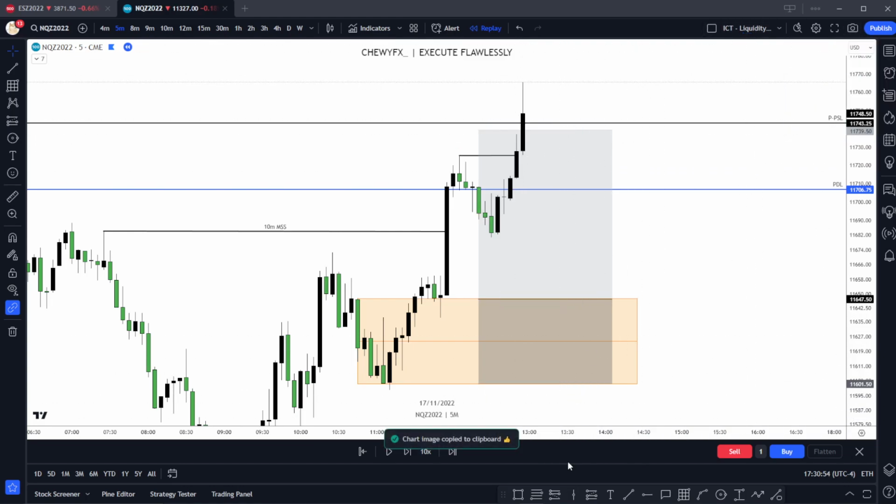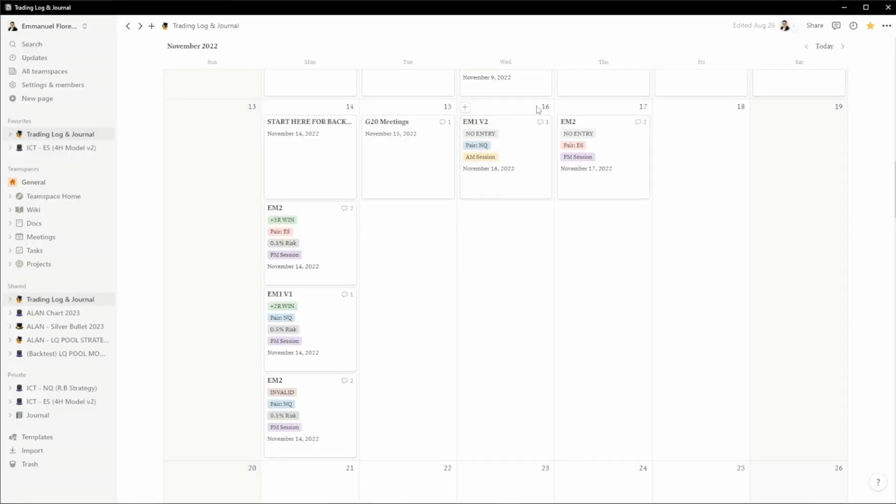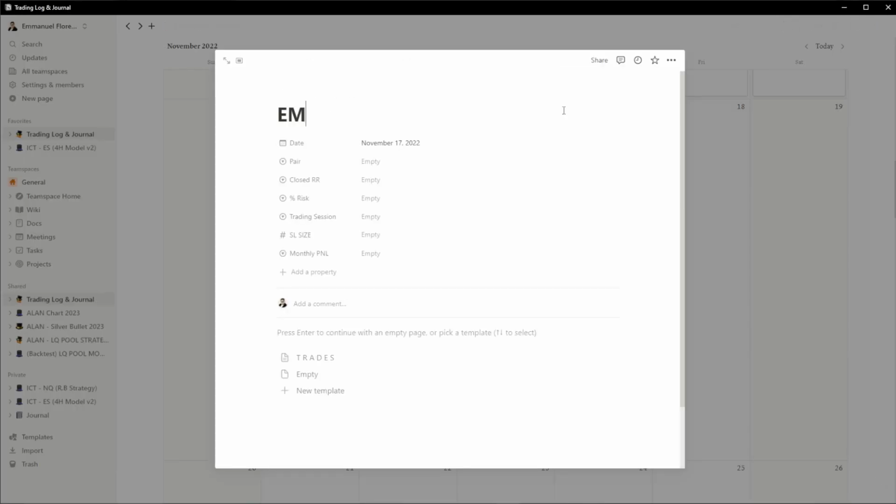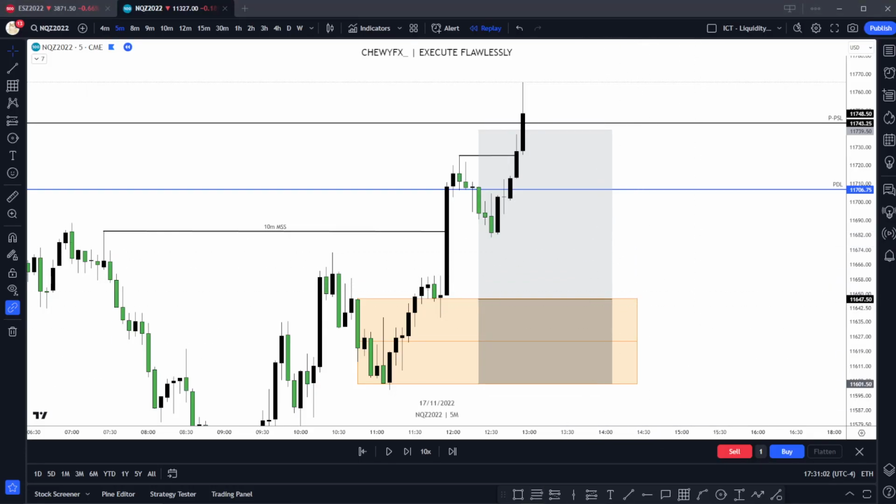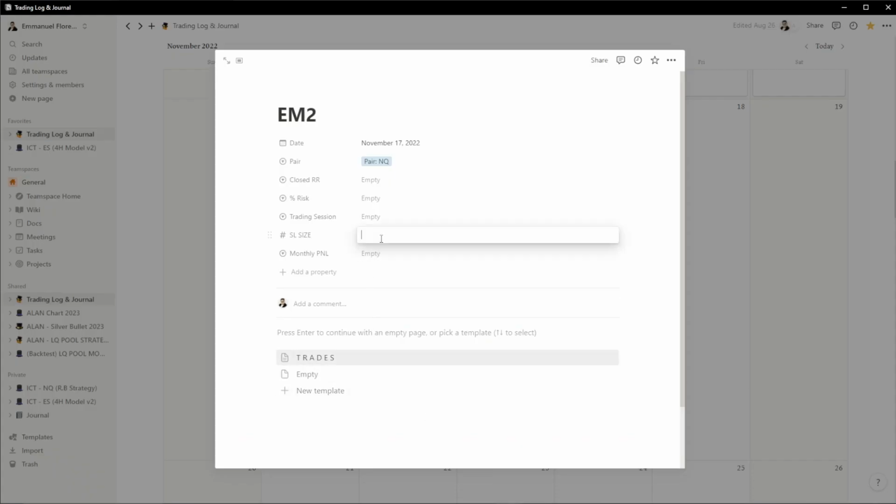So let's write that up. So EM2, NASDAQ, the stop loss size was 184. And then no entry.